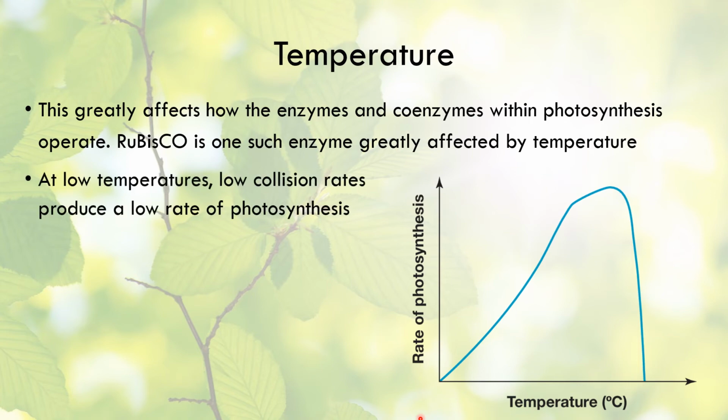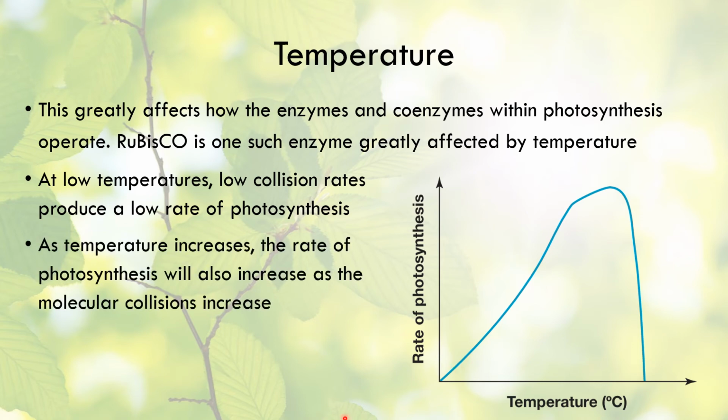dead. So at low temperatures, remember, we have low collision rates. So we have little kinetic energy, and the collision of the enzymes and the reactants is very slow at that low temperature. If we increase the temperature, then we increase the rate of those collisions occurring, and so our photosynthesis rate will increase as those collisions increase.